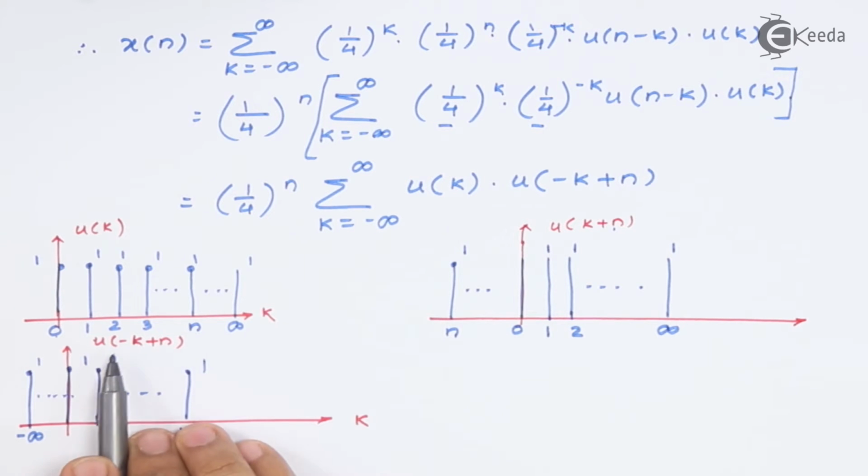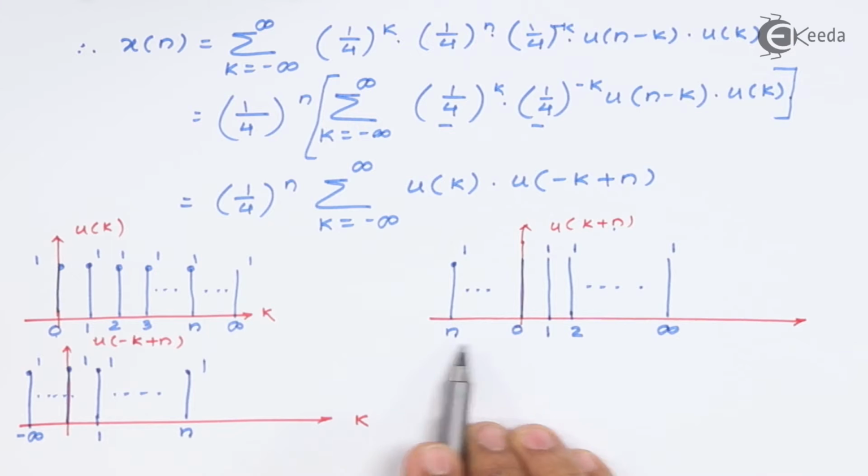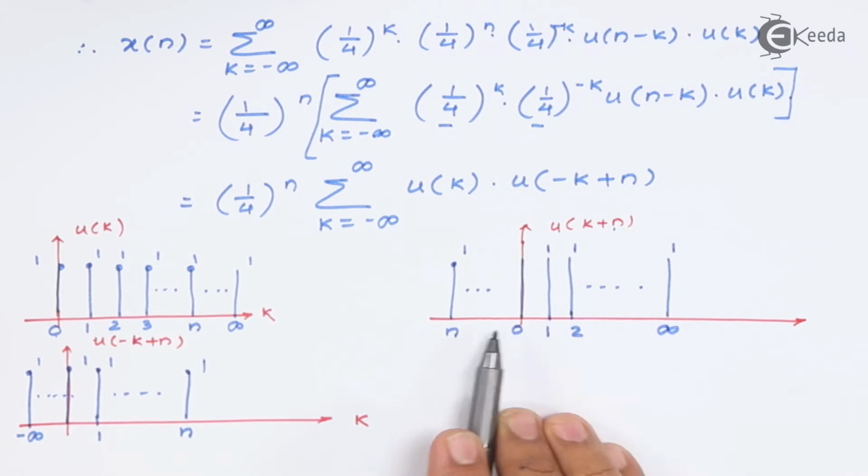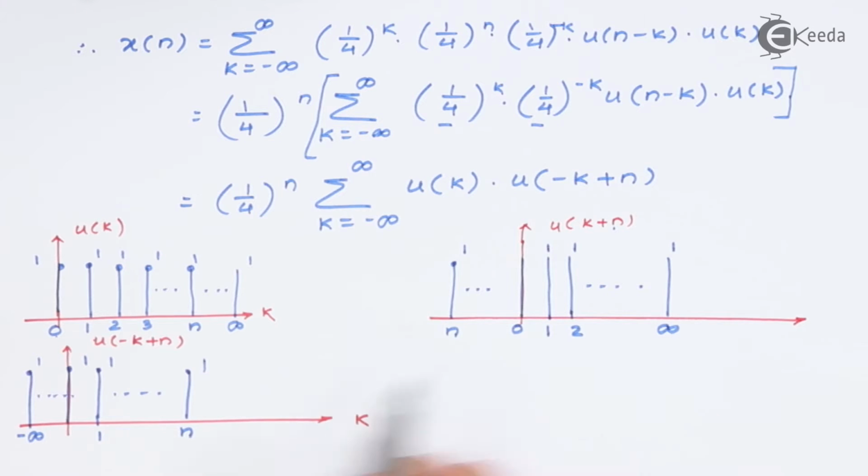If I multiply a minus sign with all the instants of time, then the highest limit of infinity becomes the lowest value, the starting point of this graph. And n is multiplied by the minus sign. So it was already on the left-hand side carrying some negative values, but after multiplying with the minus sign, it is shifted to the right-hand side. So this will be the terminating point of this graph.